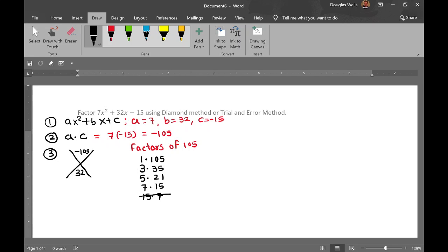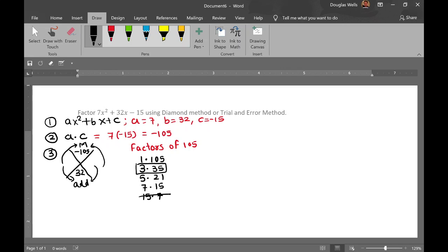So which pair are we going to use? When you add them, you get 32, and when you multiply them, you get negative 105. In our case, do you think 3 and 35 is the best choice?